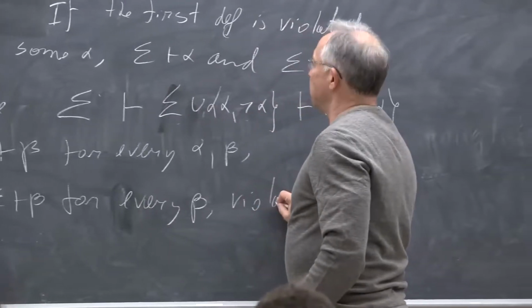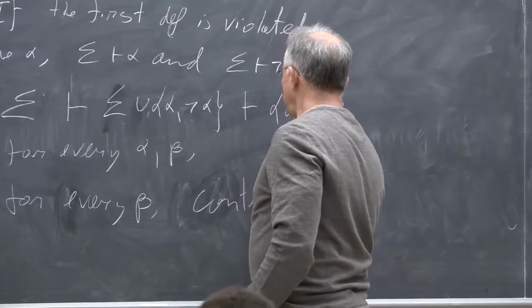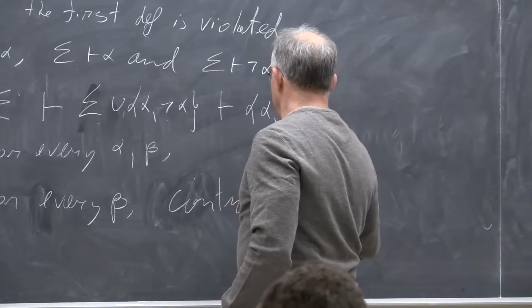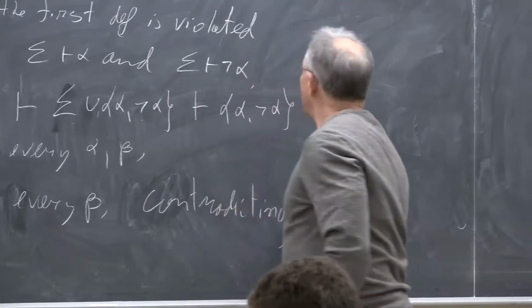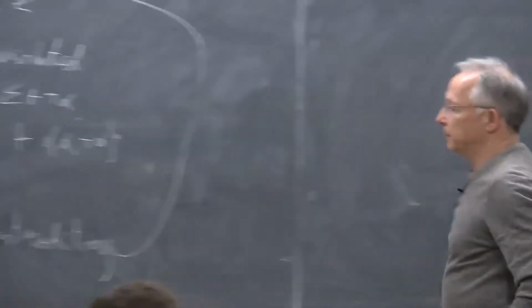This is a contradiction, contradicting our assumption that there was some beta that it didn't prove.